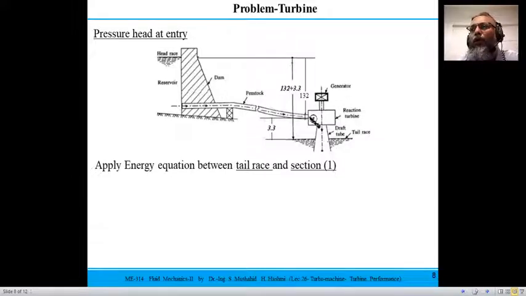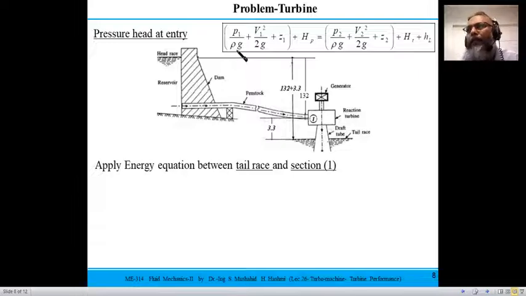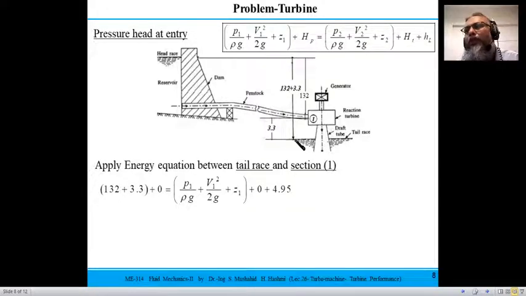At the tail race section what is available is 132 plus 3.32, and there is no pump work.